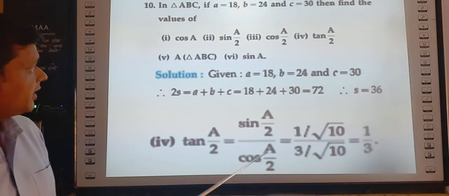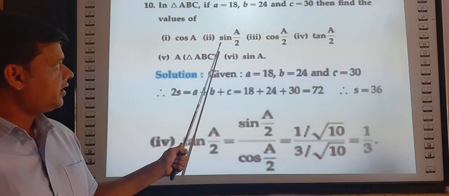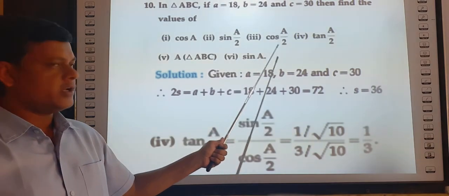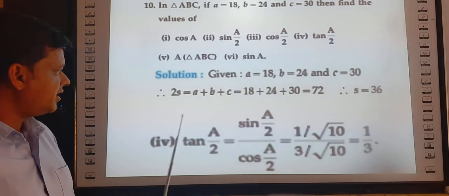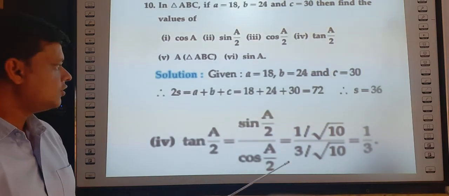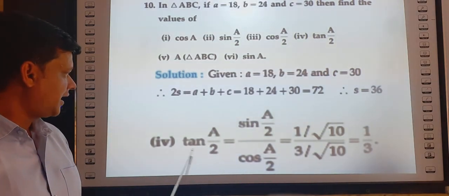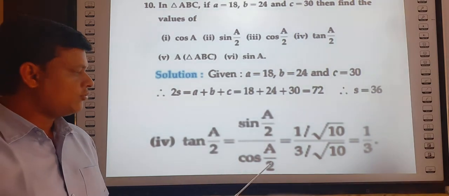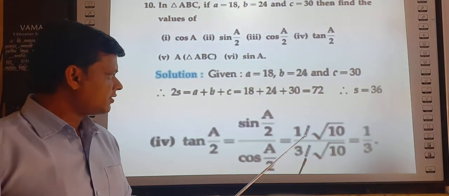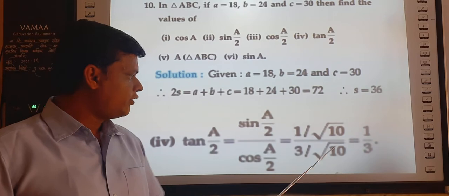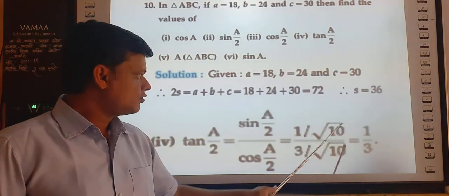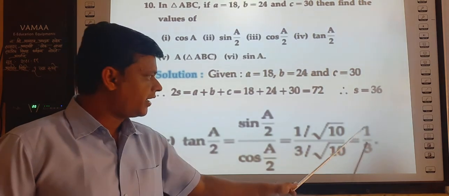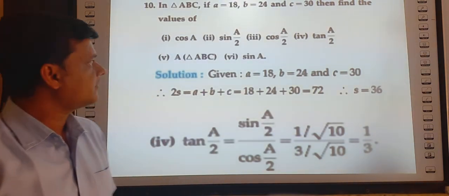But in our problem, these two quantities sin A by 2 and cos A by 2 we already found, so using that we can easily calculate the value of tan A by 2. So we write here tan A by 2 equals sin A by 2 upon cos A by 2. The value of sin A by 2 is 1 by root 10, cos A by 2 is 3 by root 10. So root 10 gets cancelled, we get the value 1 by 3.